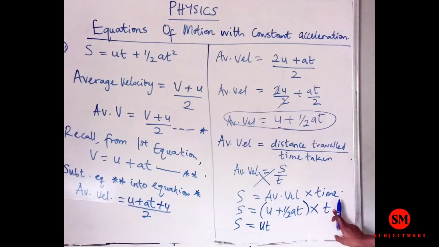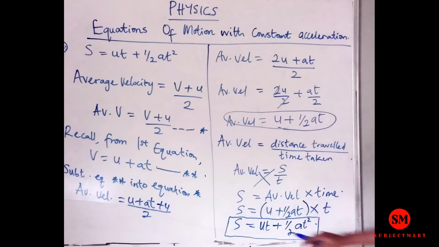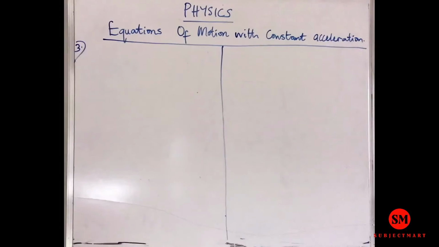So u times t will give us ut plus half at times t will give us half at squared, which leads us to our second equation of motion, s equals ut plus half at squared. I hope that is explanatory enough.